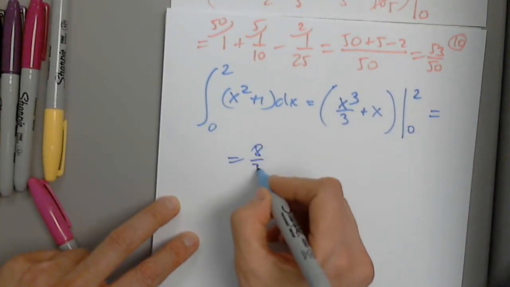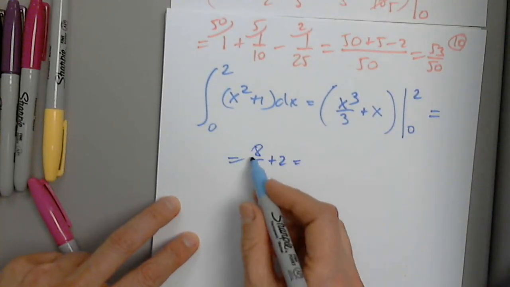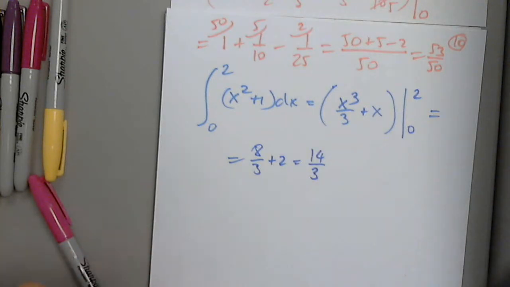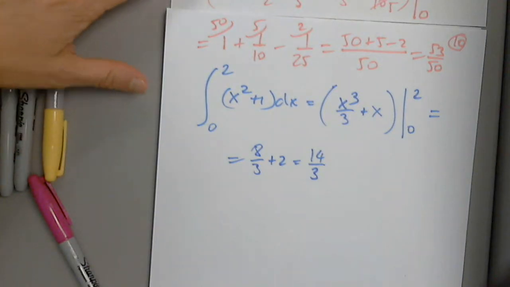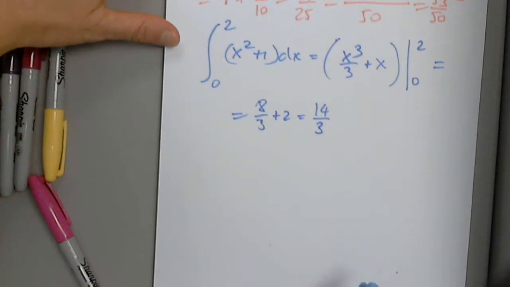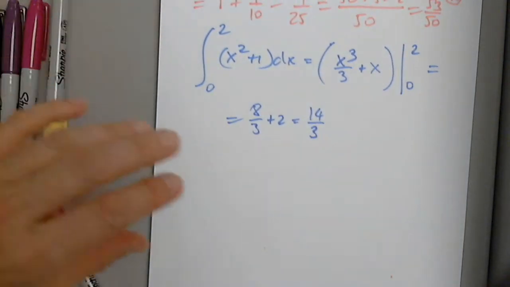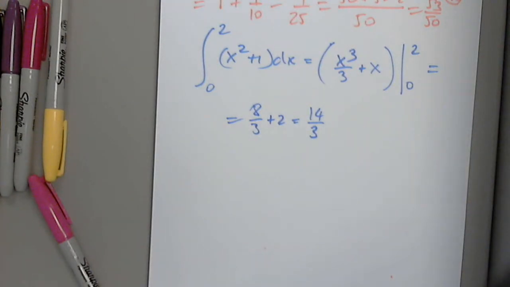So this is 8 over 3 plus 2, 6 plus 8, 14 over 3. Any questions before we continue? Is this okay? Good. Let's move on.